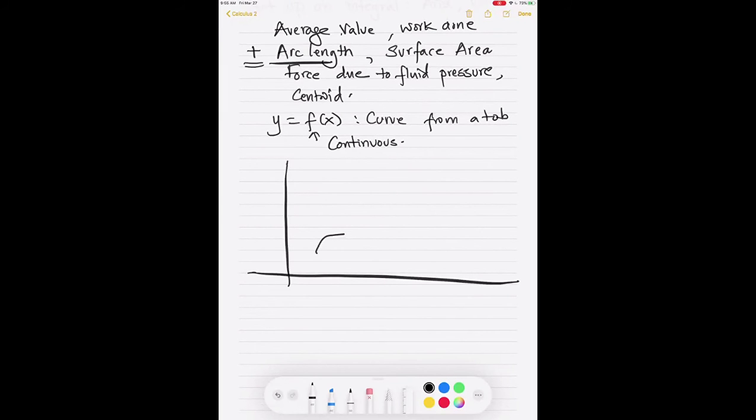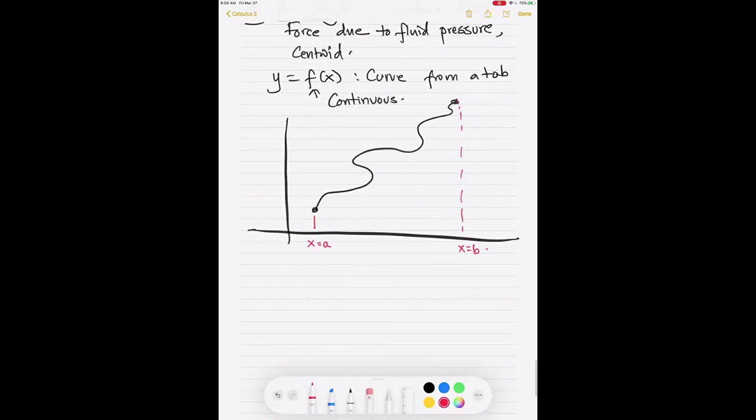This is x equals A, x equals B. What do we want to find? We want to find the length of this, which is the arc length.